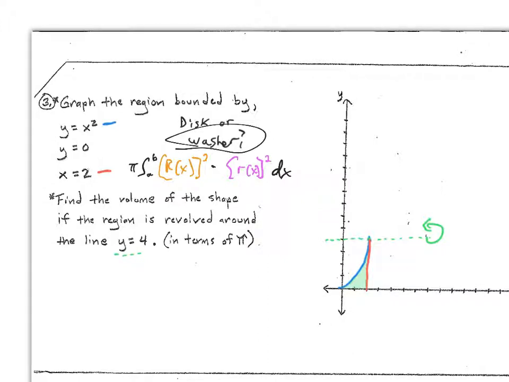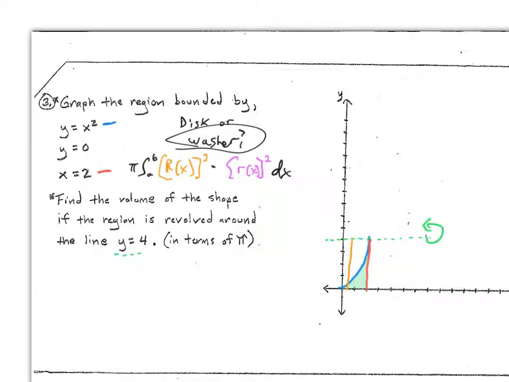So let's see what we can do to figure out what big R and little r should be before we get going here. Big R is going to be the distance between your line of revolution and the furthest curve. In this case, the furthest curve is the x-axis, and you can see by this orange line I've drawn in, that's what it's going to be.